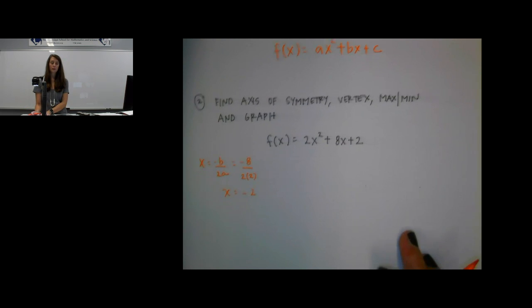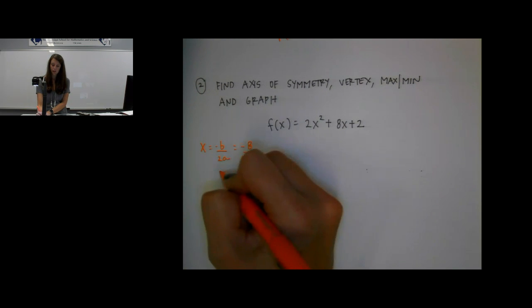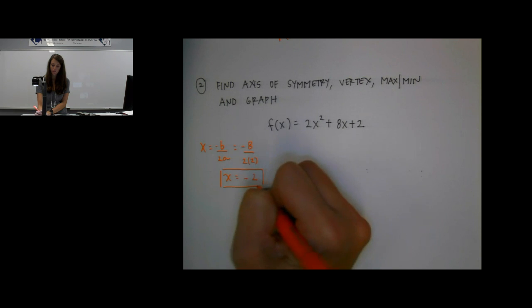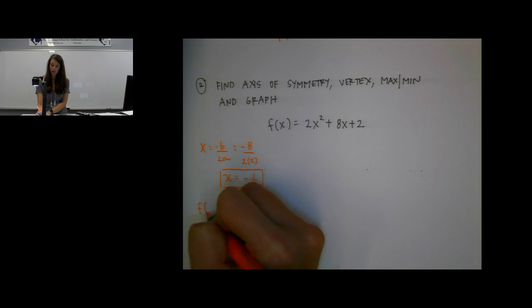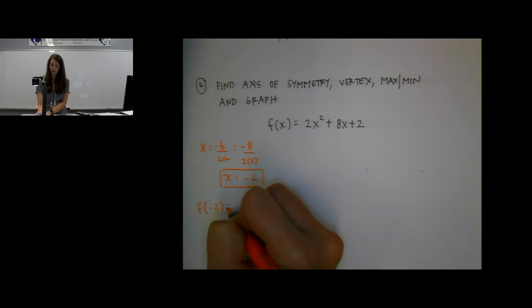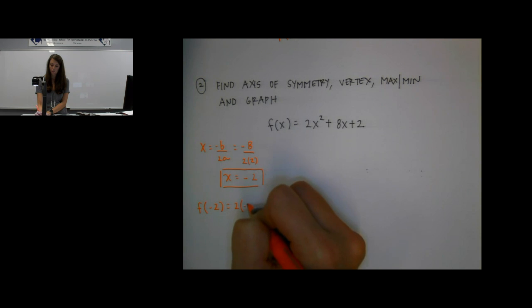Okay? The vertex now, you're going to plug. So that's your axis of symmetry. For the vertex, you're going to plug that axis of symmetry into your function.